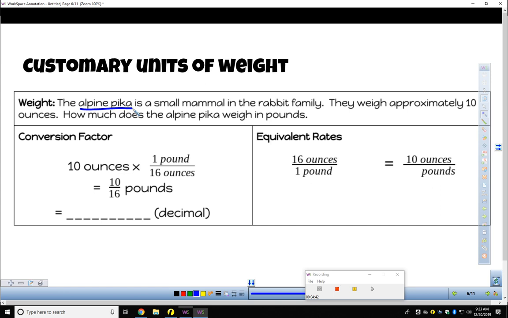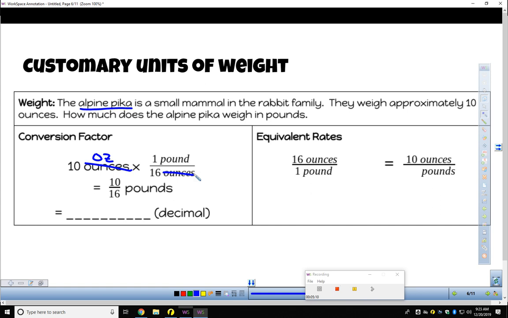Okay. And so this is a little bit different in that how we're getting there is that we are canceling out ounces. This looks like a weird word; we probably should have just written OZ. Anyway, the ounces cancel out, so I end up with 10 over 16, and I want to know how many pounds that is.